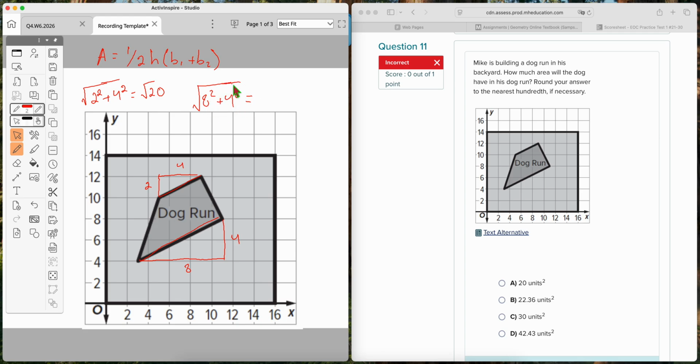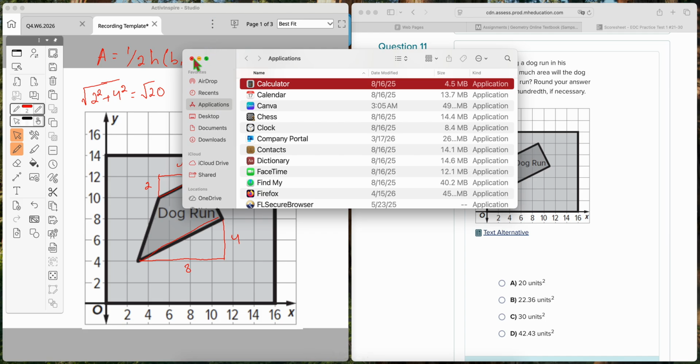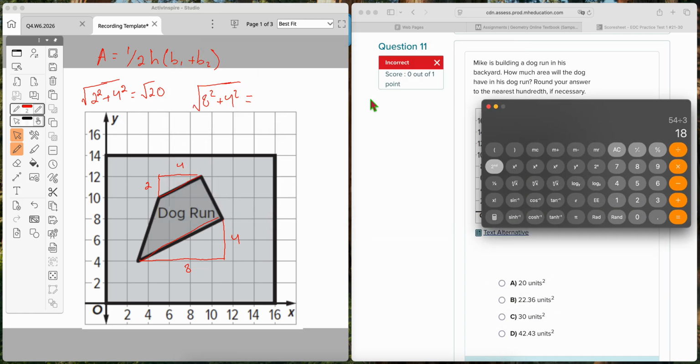That's 64 plus 16. I don't want to be wrong. 64 plus 16 is 80. So the longer side is the square root of 80.